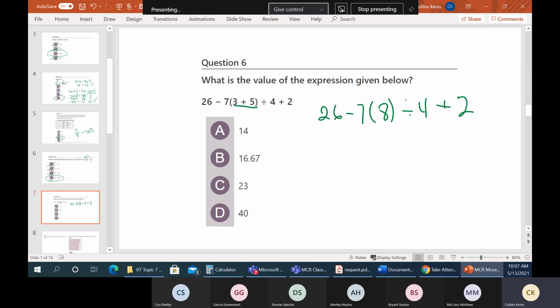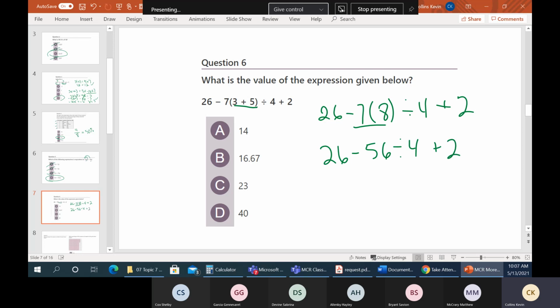We don't have any exponents, right? Okay, so next thing we need to do is multiply and divide from left to right. So here we're going to multiply here. So we're going to have 26 and then minus 56 and then divided by 4 and then plus 2.